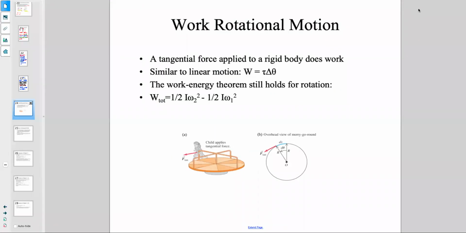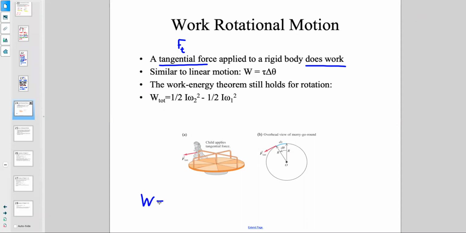So a tangential force applied to a rigid body does work. We're going to talk about rotational motion, work in rotational motion. So a tangential force, or F of t, applied to a rigid body will actually do some work for us, okay? Similar to the linear motion.